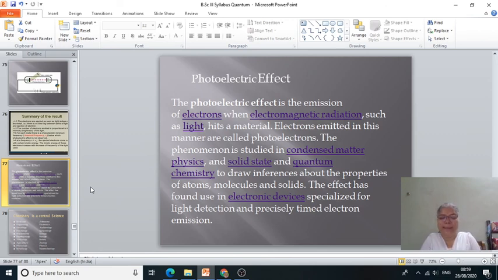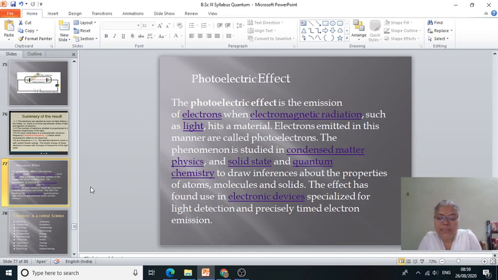Then the second characteristic: kinetic energy of the ejected electron varies directly with the frequency of the incident light, but it is independent of intensity. As the intensity of incident light increases, the number of ejected electrons also increases.